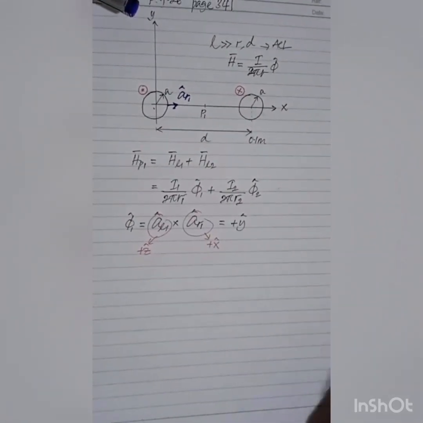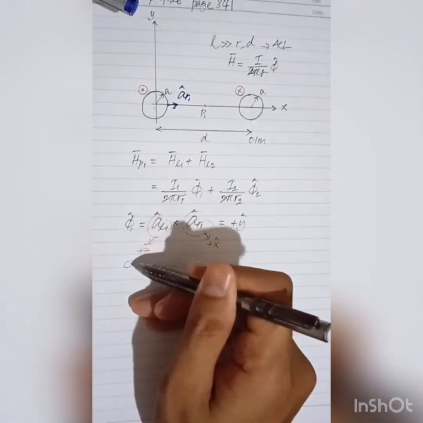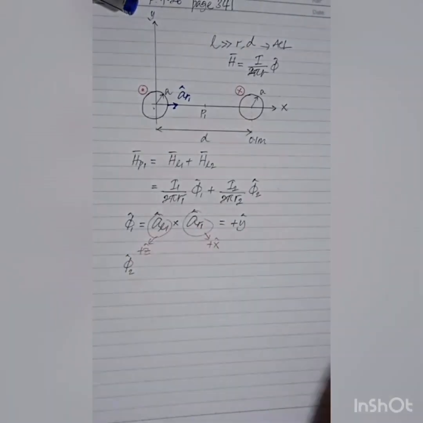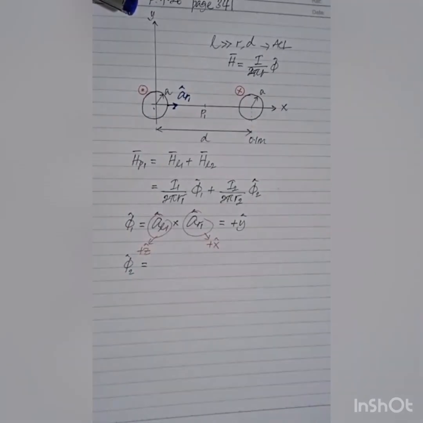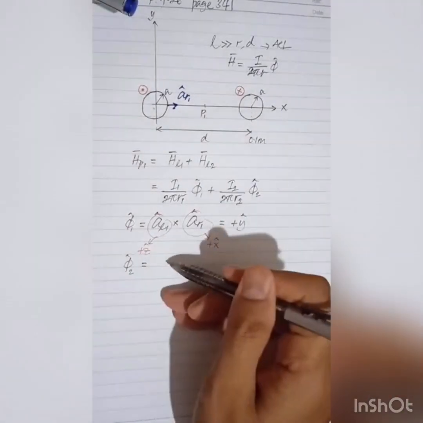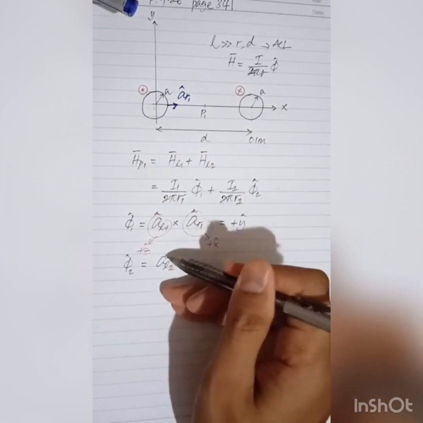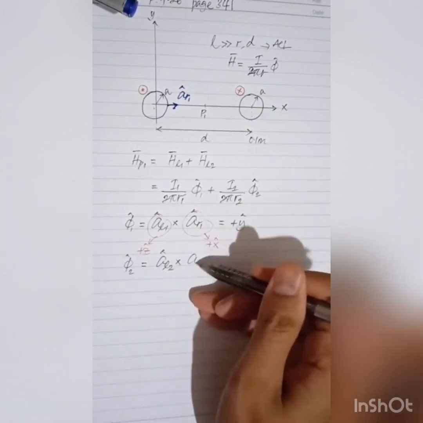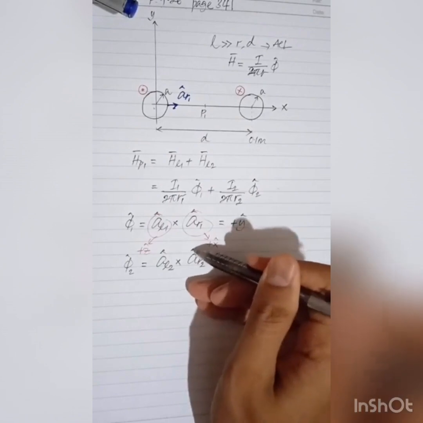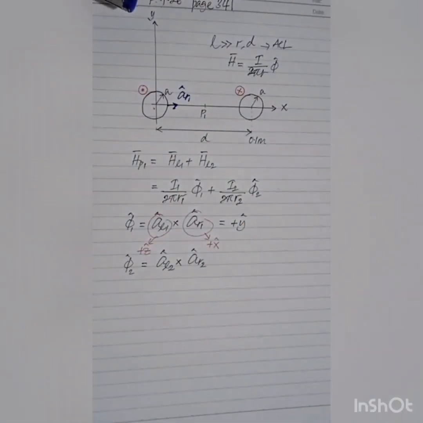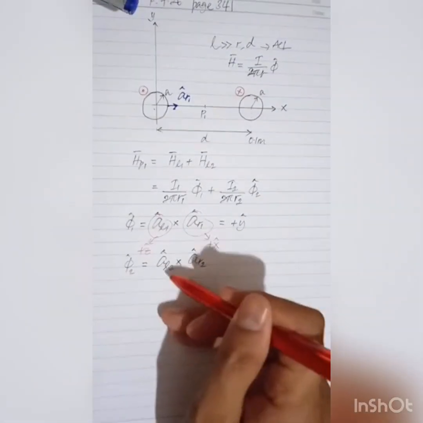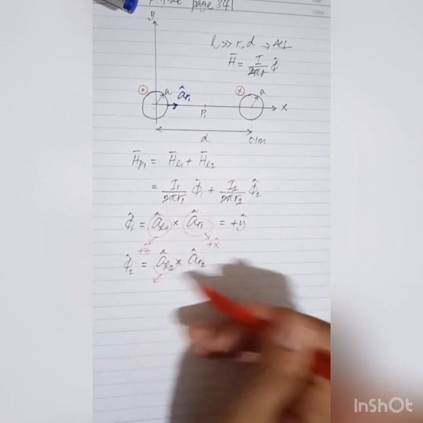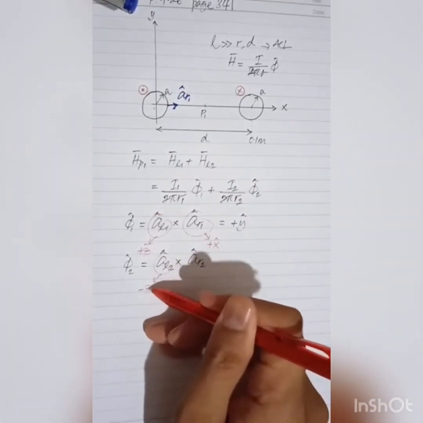We're going to find the output for this cross product. For phi 2, which belongs to the second term, we again find the output by performing the cross product between the unit vector of line current 2 and the unit vector of the second radius. From the diagram, line current 2 flows in the negative z direction, so this unit vector becomes negative z.